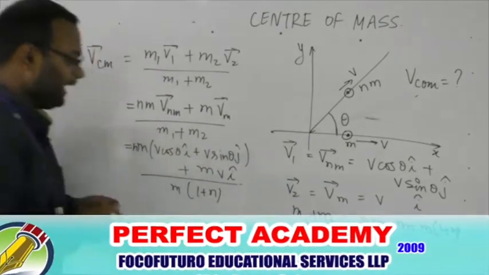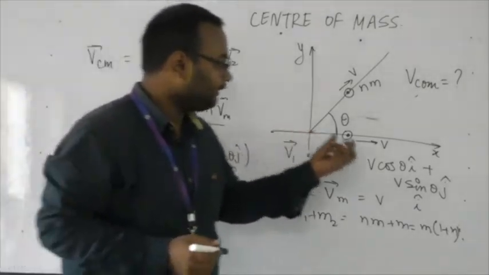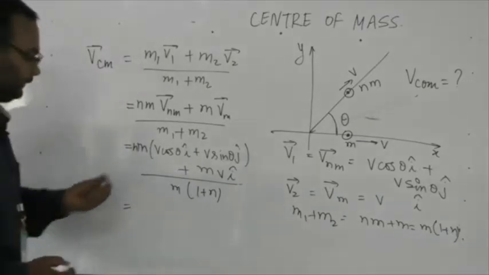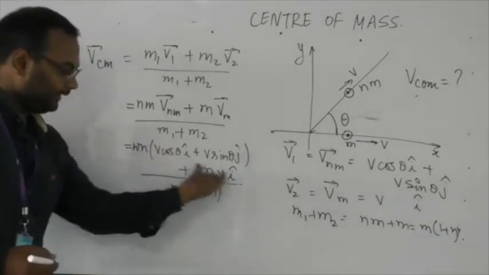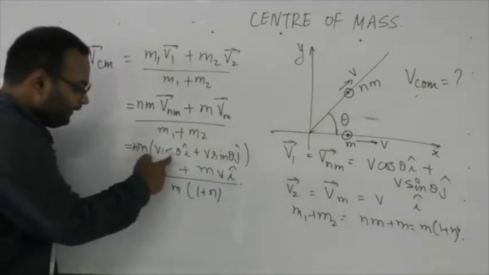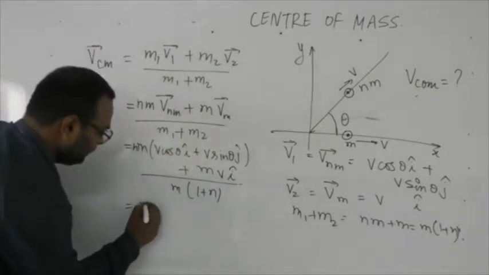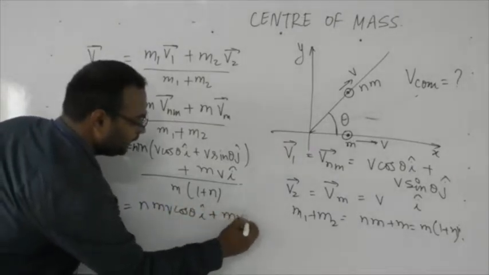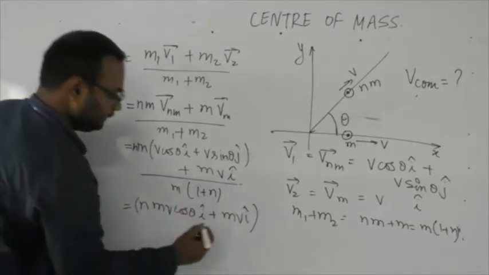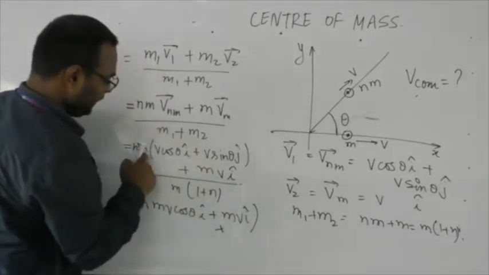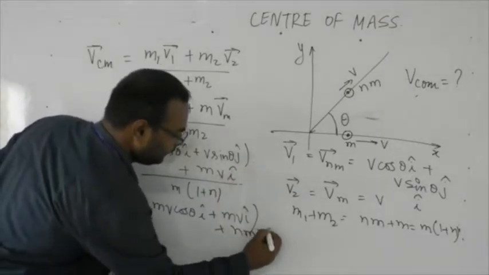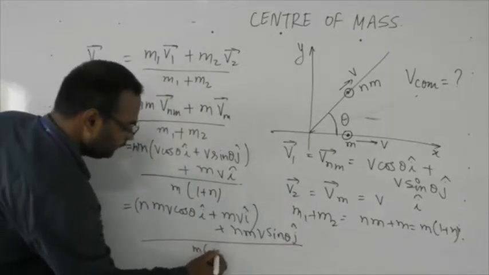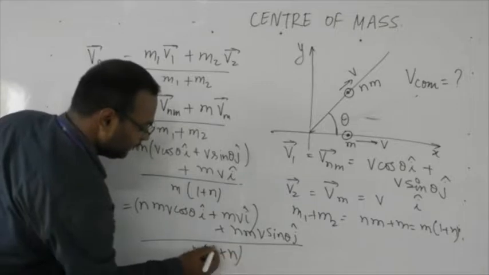So simply by writing all the velocities in terms of x and y, we can separate i cap and j cap, which will be the velocity of center of mass along the x-axis and along the y-axis. So finally, if you collect the i cap terms, it will be nmv cos theta i cap plus mv i cap, plus nmv sin theta j cap, upon m into (1 plus n).